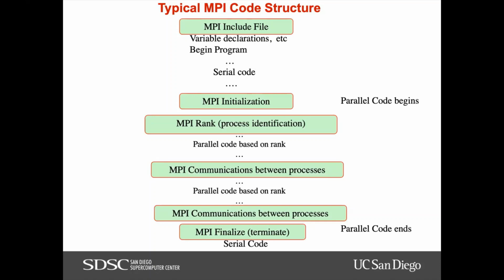Now remember, in OpenMP, you had one process and then a bunch of threads being spawned, right? In MPI, when you launch an MPI job, it will launch the number of tasks you ask for. So say you say I want 16 tasks, it's going to launch 16 different processes, even if it's on the same node.